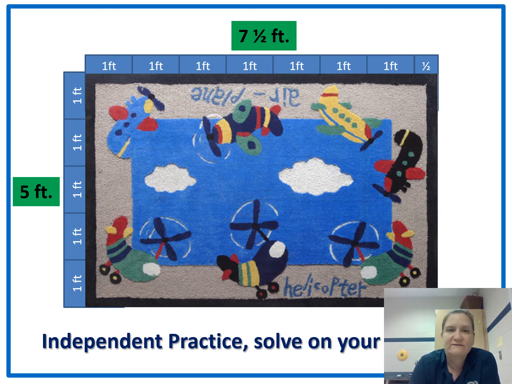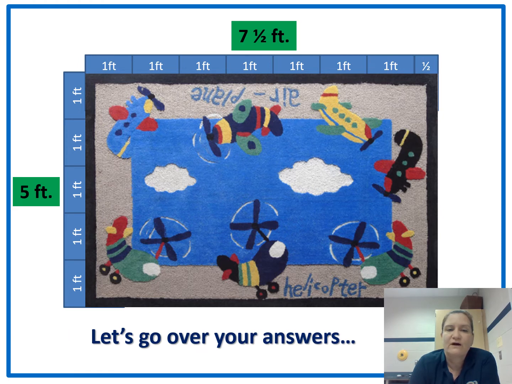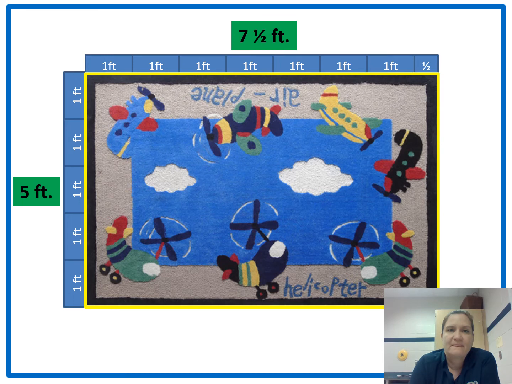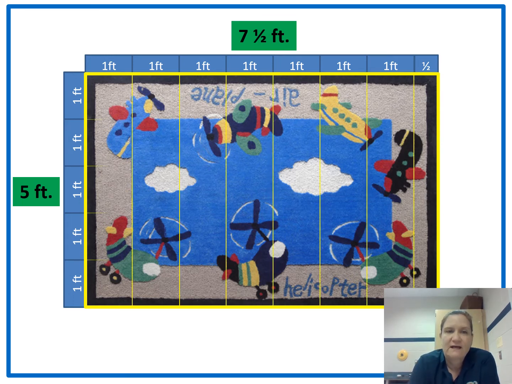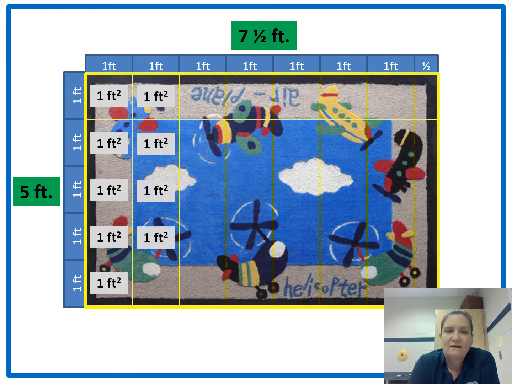Okay, so we're going to unpause the video, and let's go over our answers. Okay, so here is the rectangle, and you should have drawn vertical lines down and horizontal lines across. And inside we have 1 foot squared for each of these squares.